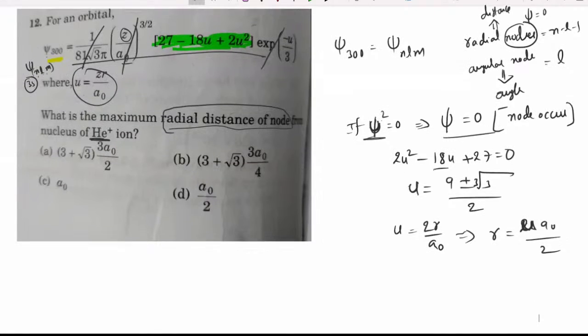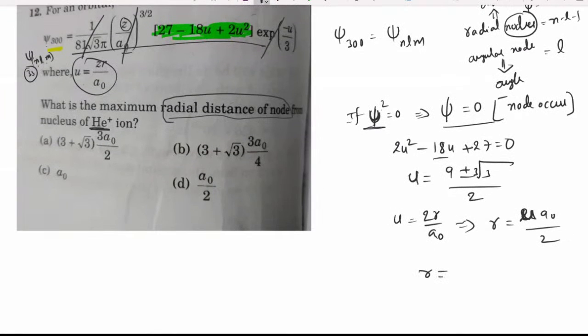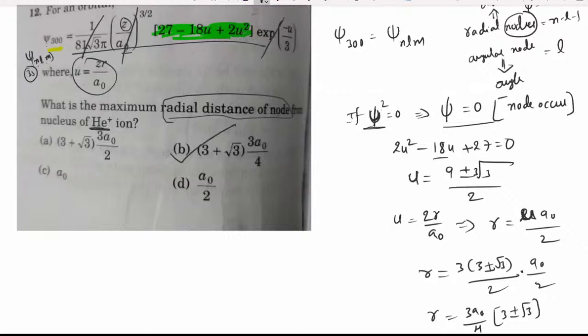Taking 3 common, r is equal to 3a naught by 4 into 3 plus or minus root 3. That is why the answer becomes B: 3a naught by 4, 3 plus or minus root 3.